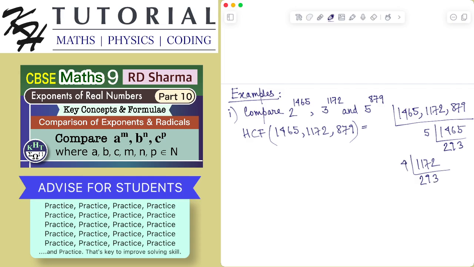So I think 293 should be the HCF. Let's see, 879. If I divide by 293, it should be 3.